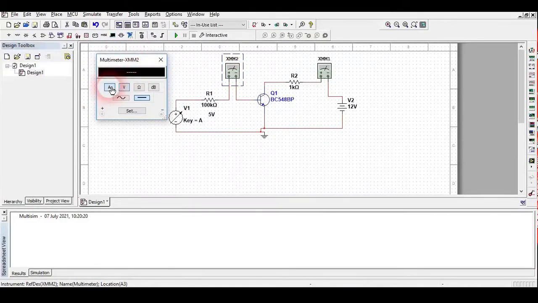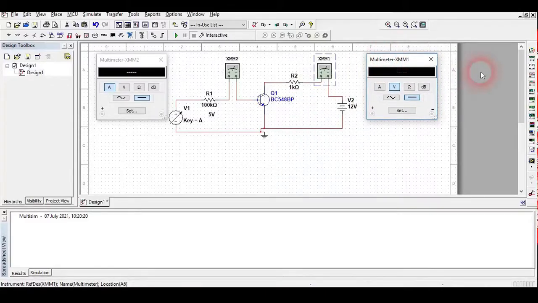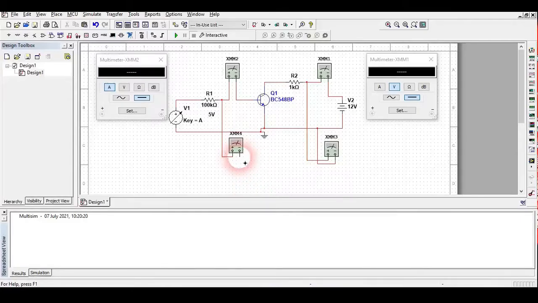This one is the ammeter which will measure the IB value, and this ammeter will measure the value of IC. We do need two voltmeters also, one voltmeter here and one voltmeter here. So this is my whole circuit.